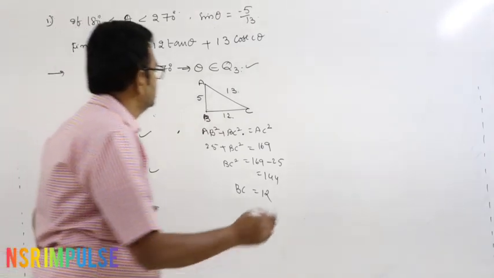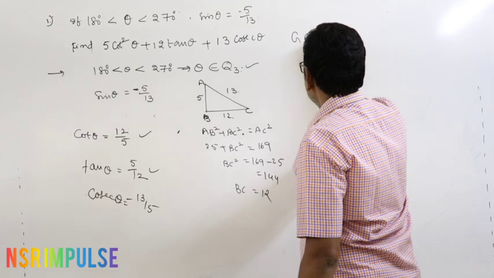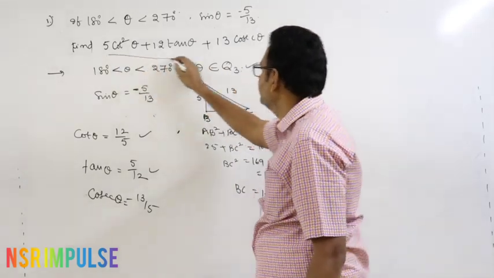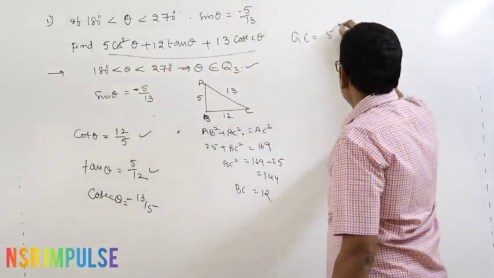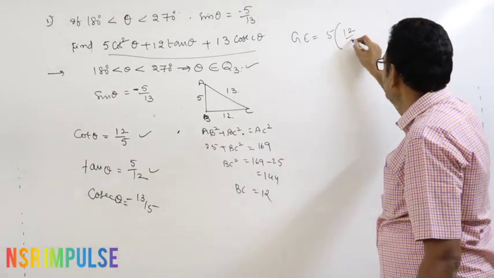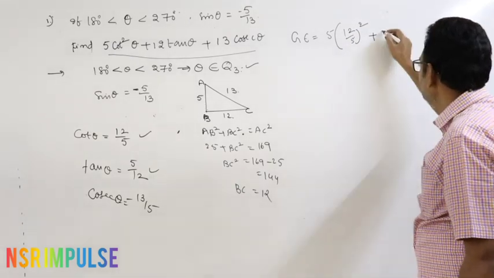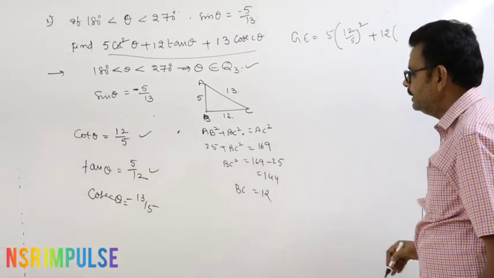Now the given expression is equal to this one: 5 into cot theta, that means 12 by 5 whole square, plus 12 into tan theta.